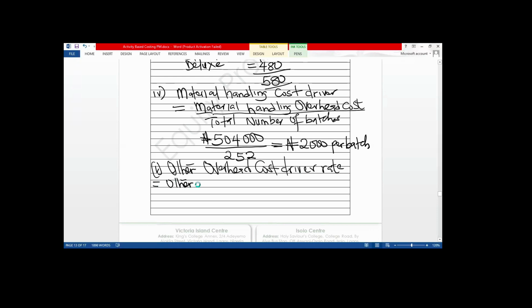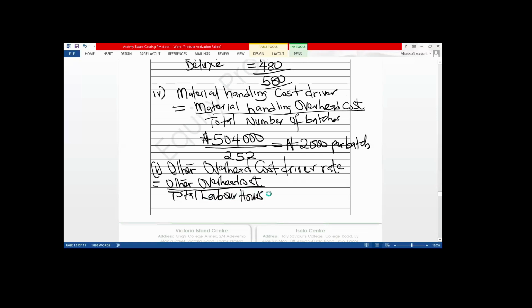Labor hours. This is equal to other overhead cost divided by total direct labor hours.